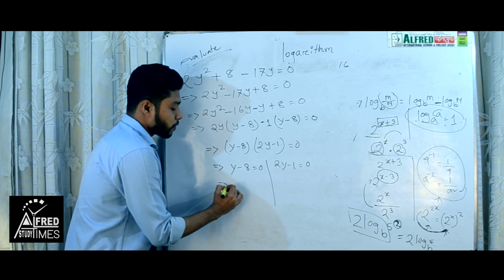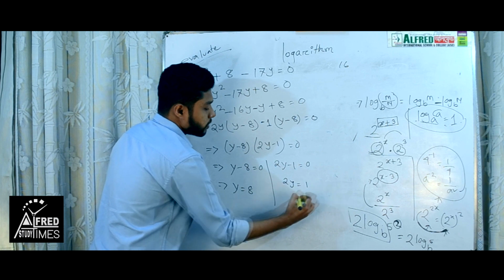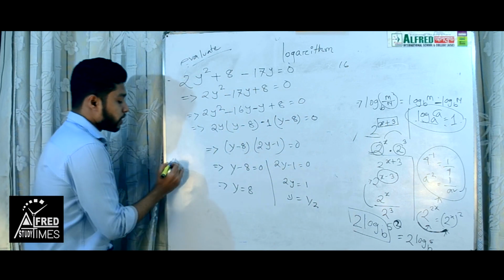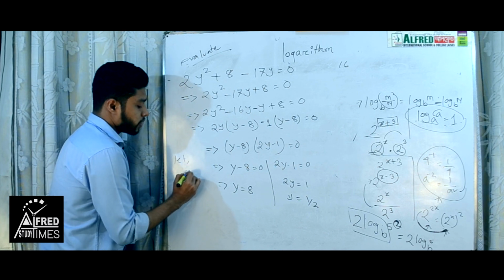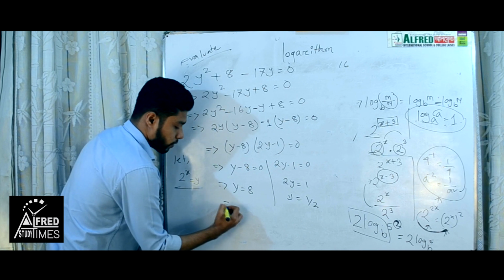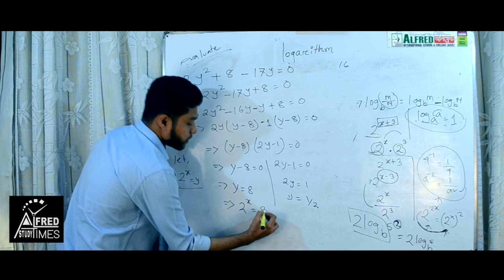So y = 8, and 2y = 1, so y = 1/2. But we had taken 2^x = y, so we replace the value: 2^x = 8.